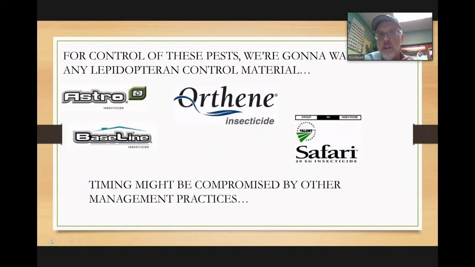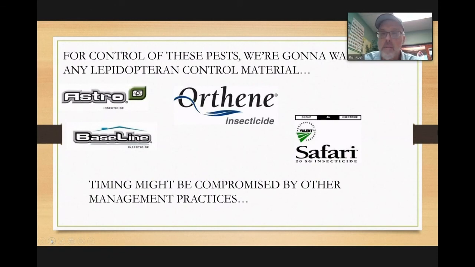Control of these guys, we're going to want to use any lepidopteran control material. Astro and Baseline are permethrin and bifenthrin. They're both pyrethroid chemistries. They're very good, very broad spectrum. They will kill bees, but you can sure spray them on a place where a bee is not going to visit.